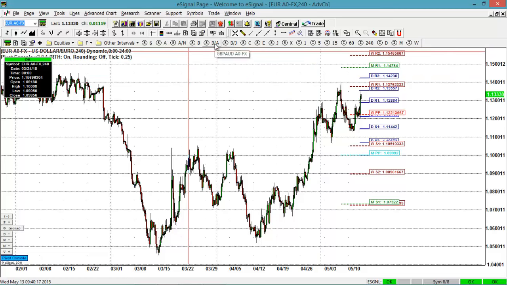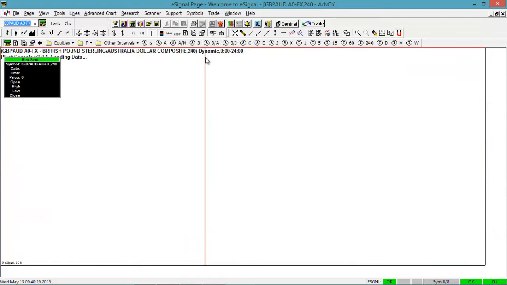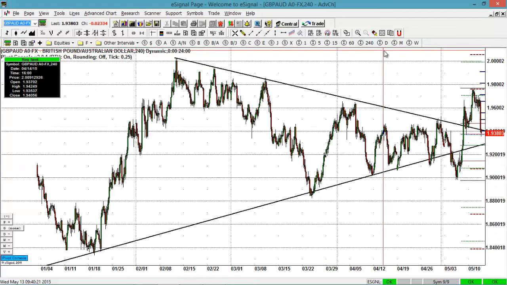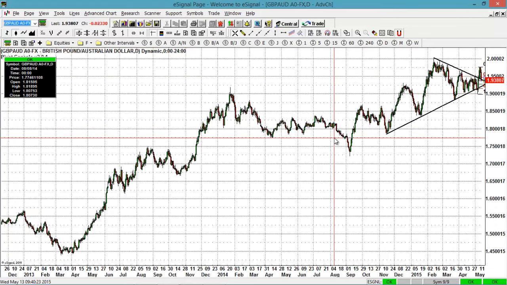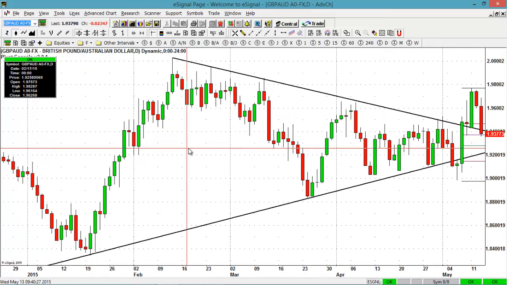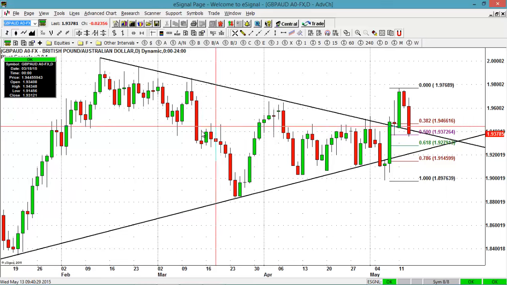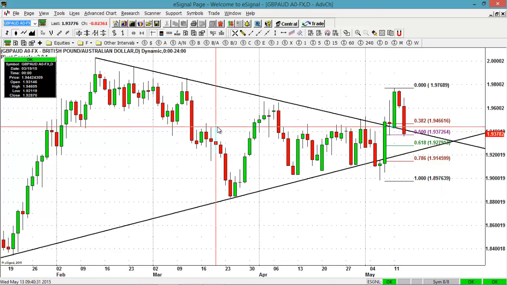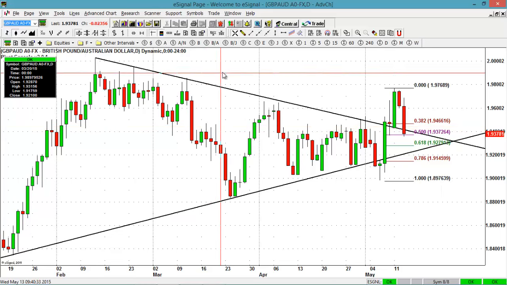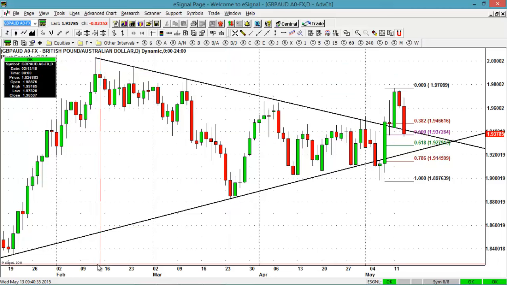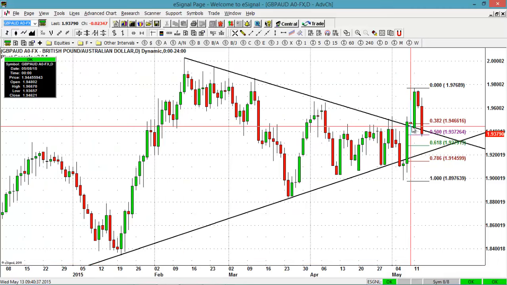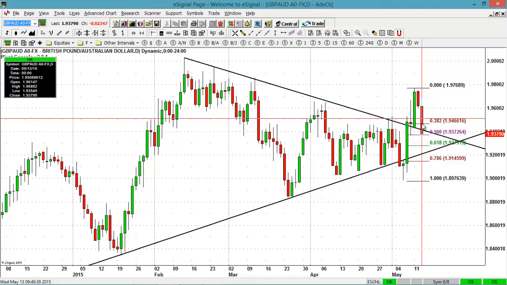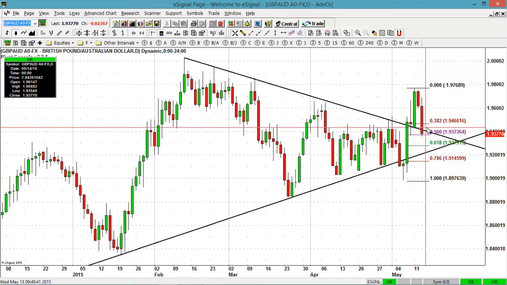Now, of interest today is the British pound Australian dollar. We have been speaking about this and following the journey of this market for a number of weeks now. What happened is that the market broke out of this triangular consolidation and is now retesting the breakout point.